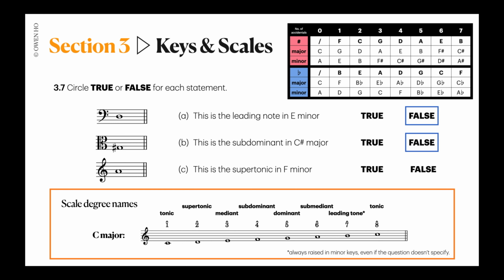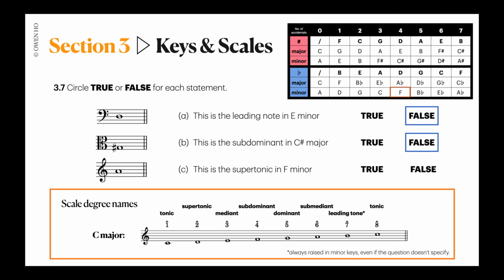The third question, we're given an A note in the key of F minor. If we think about the F minor, the supertonic will be a G, because the second note in F minor is a G note. And of course, we should also double check with the key signature grid to see if the F minor has any flat to the supertonic note.